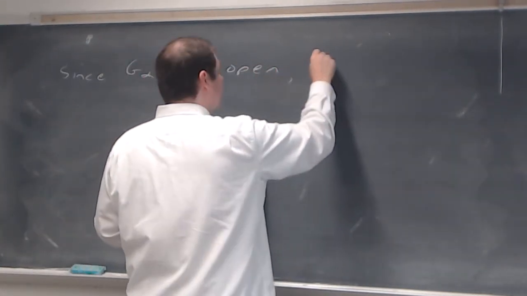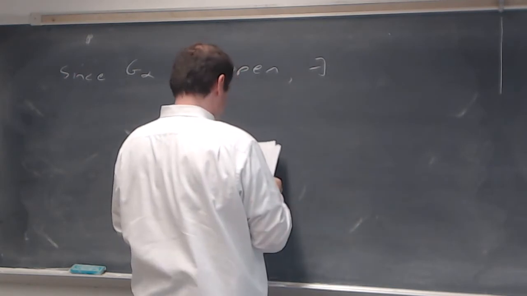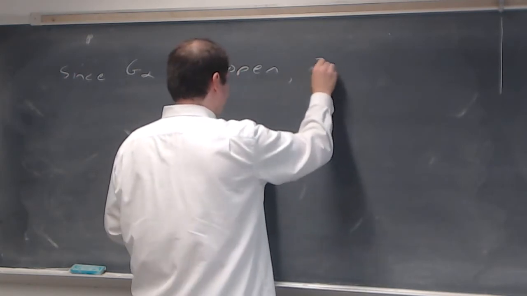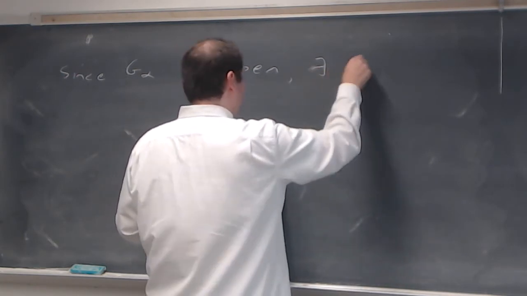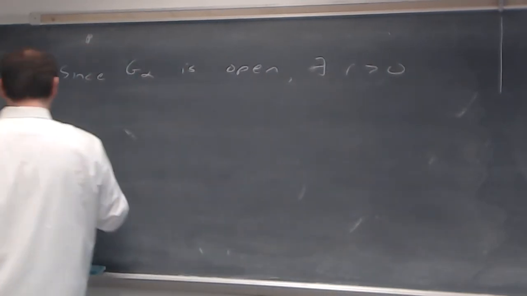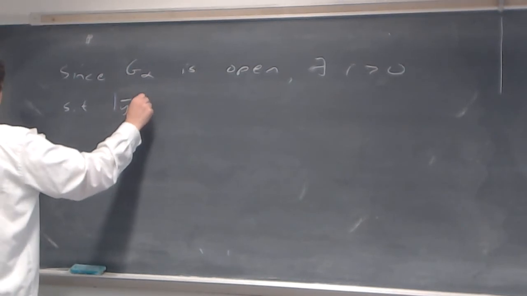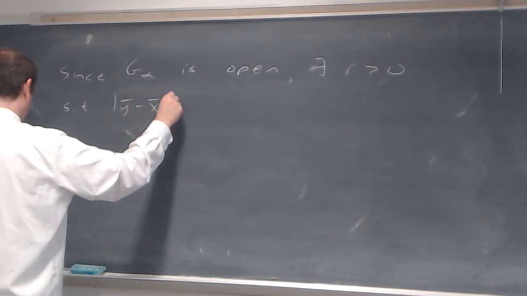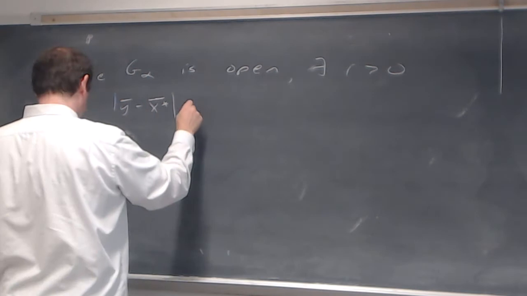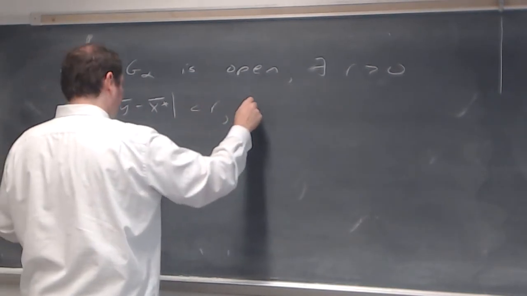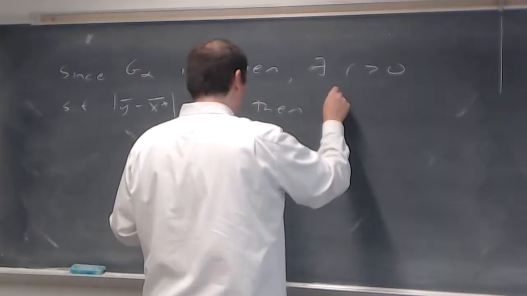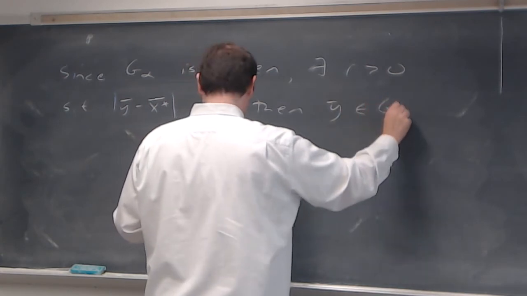Then that means this x star bar is an interior point. So there exists an r greater than 0 such that if the distance from y bar to x sub star bar is less than r, then y bar is an element of G alpha.